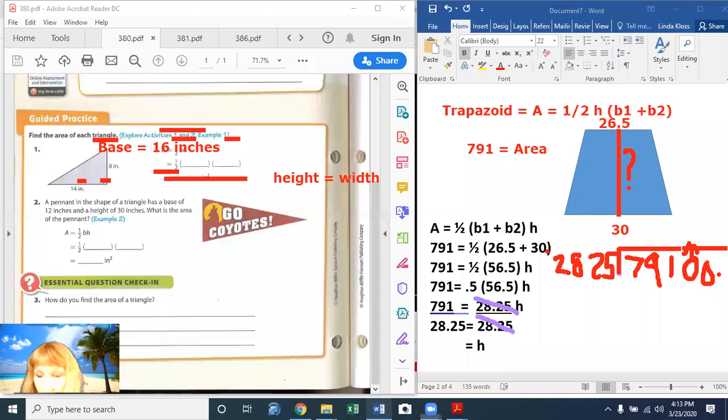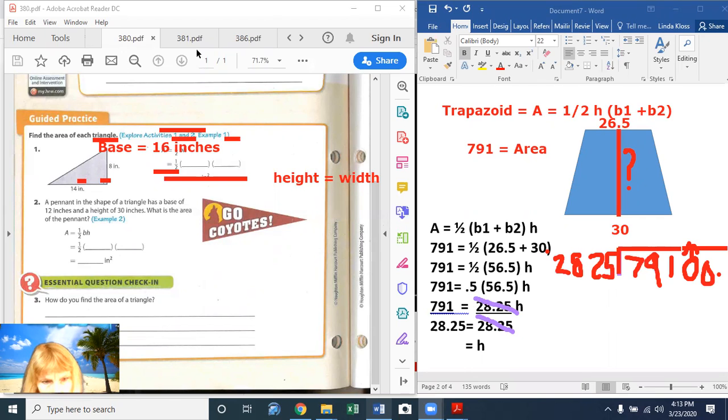So I look at 2,825 and in my head I say, well, that's close to 3,000. And this 7,910 is close to 8,000. So if I count by threes, 3, 6, 9, that's over, right? So probably 2, maybe? So let's try 2.